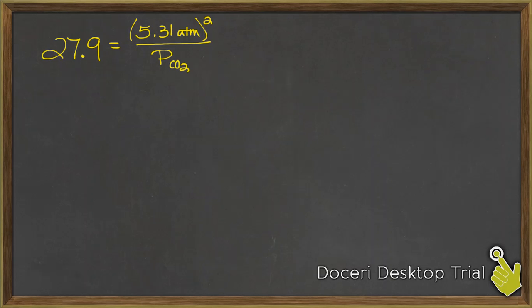All right, so we're going to do a little bit of algebra here. Let's get it out of the denominator there. So times partial pressure of CO2. So now my math looks like this. I'm going to go ahead and put that in the calculator. 5.31 squared.